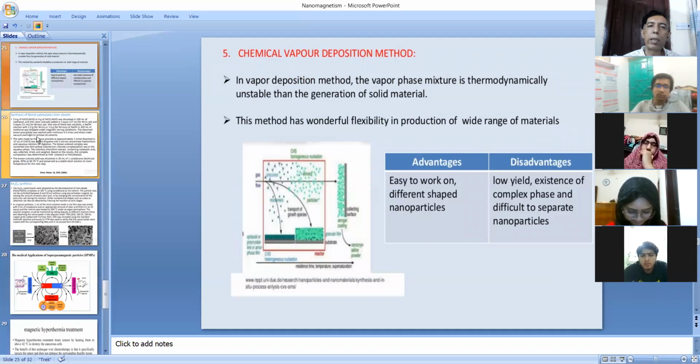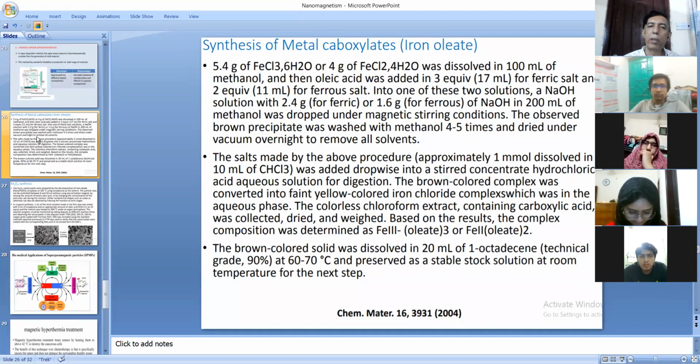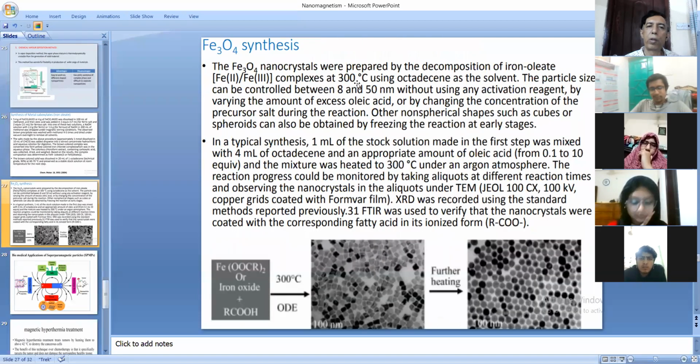There is another preparation, a particular preparation of iron oxide nanoparticles. How can you prepare the iron oxide nanoparticle? There is a procedure here. This is the procedure, you can see it, iron oxide synthesis.